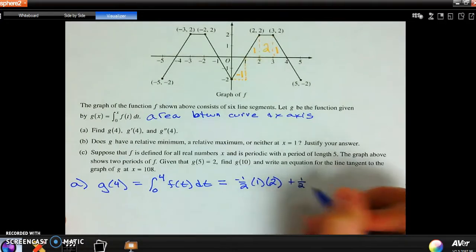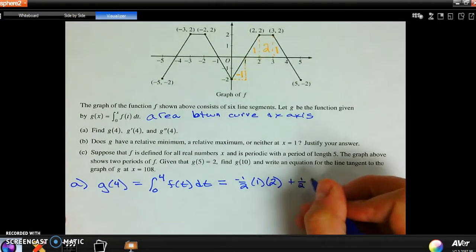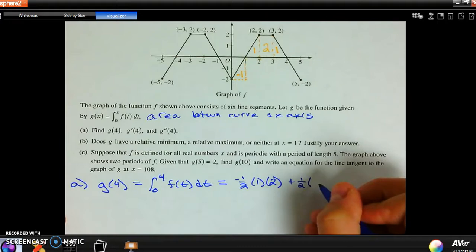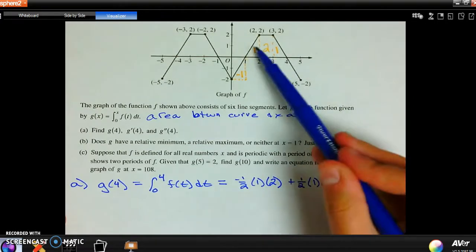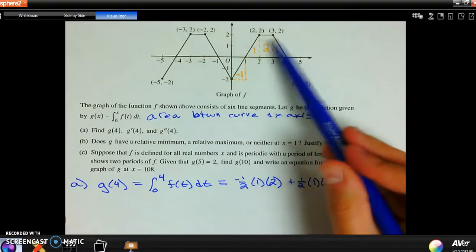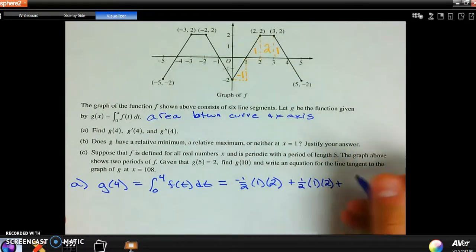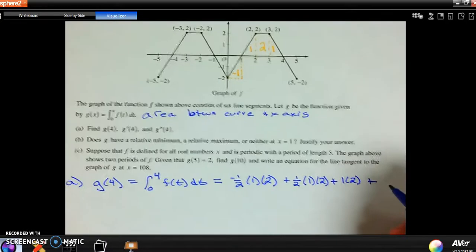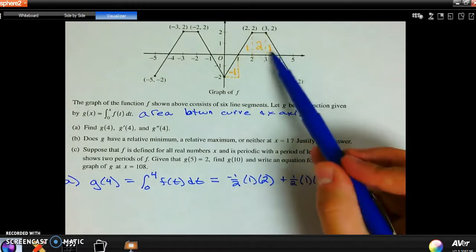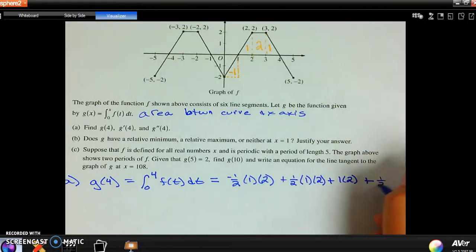I think most of my students would probably break that trapezoid up into those triangles, so that's what I'm going to do. And again, that's going to be base times height. It's positive this time because this piece is above the x-axis. And then we're going to have the area of a rectangle is base times height. And then the area of that last triangle up here is going to be 1/2 base times height.